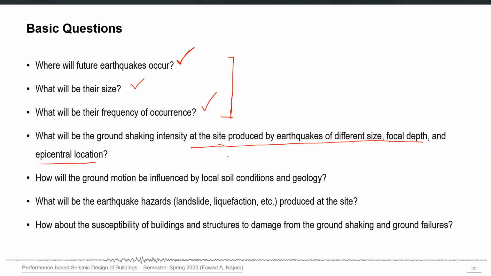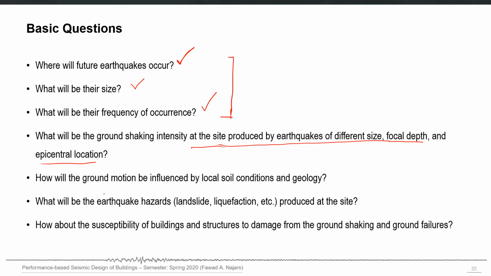So we not only have to forecast the size, location or frequency of occurrence of earthquakes, we also have to tell about the ground shaking intensity experienced by different sites. If a site is subjected to earthquakes of different sizes, or different faults which have different focal mechanisms and are located at different distances from that site, we have to come up with the estimated ground shaking intensity which should be used for the design of a particular structure at that site.